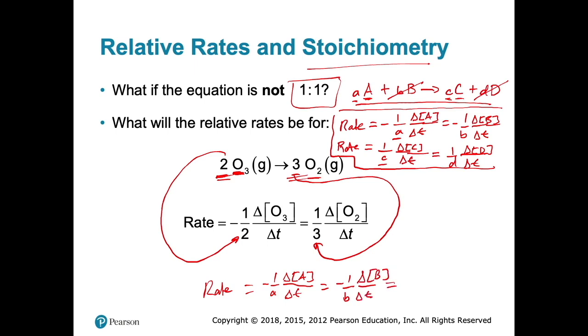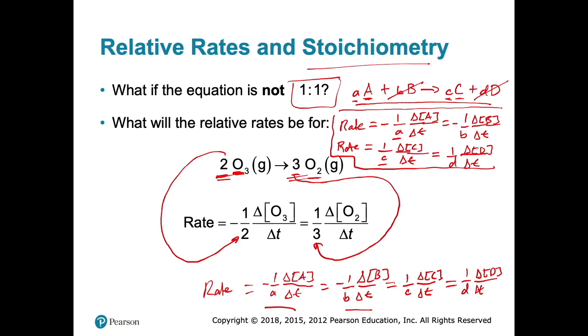And remember that both of these are reactants, and that's why they're negative. But then we come over here to the products, and it's positive, so now you can just write equals 1 over little c times the change in big C's concentration over the change in time. And then the same thing is also true of D, 1 over little d times the change in concentration of big D all over the change in time, like so, right?